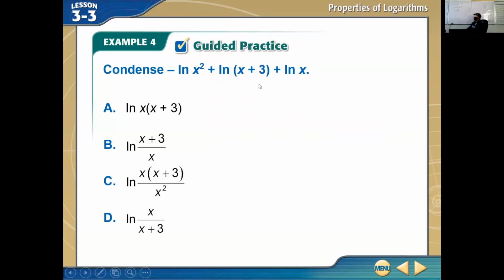Okay, so this one's probably actually one of the tougher ones, and I don't like that it's a multiple choice question.